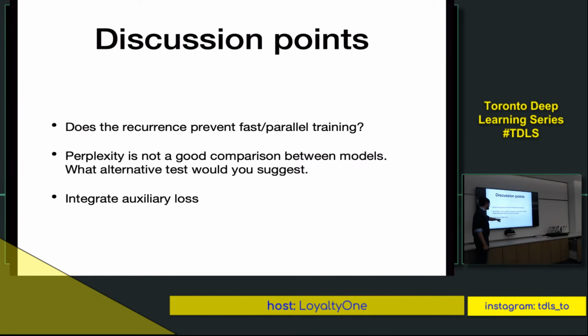Oh, this was the auxiliary loss, sorry, not the perplexity. For all the comparisons, the different models use perplexity, which is kind of the entropy of the next position. The question was, this perplexity is not a really strong indicator of whether your model is actually better or worse than the other models. Normally what you should do is perform a real world task.